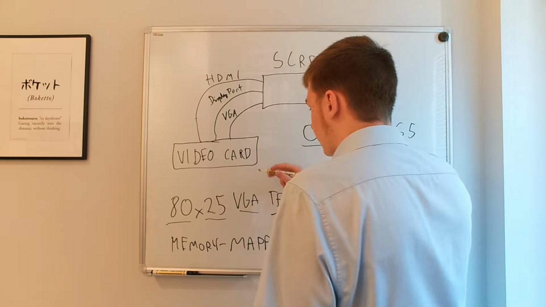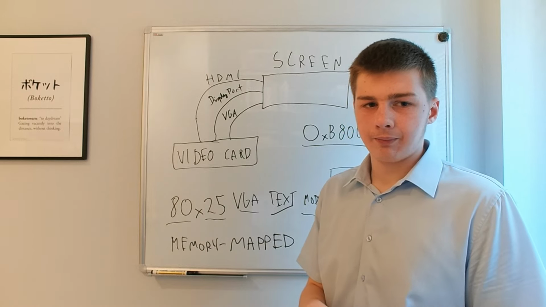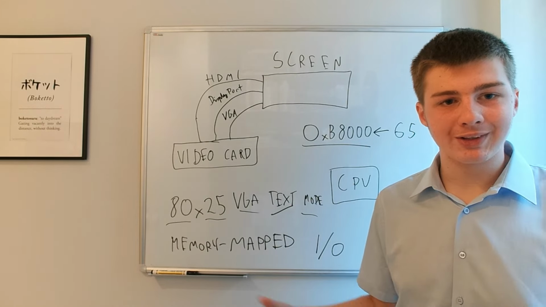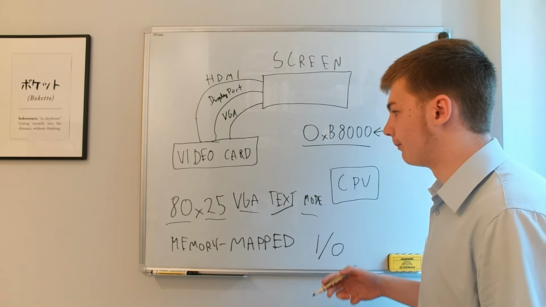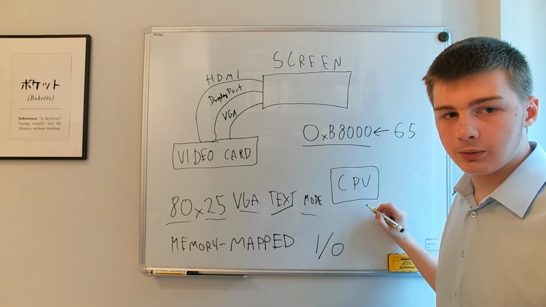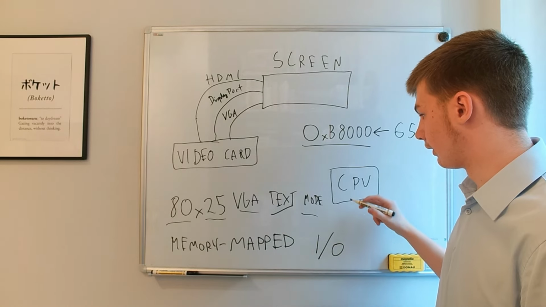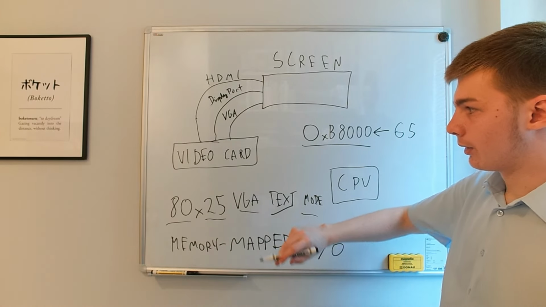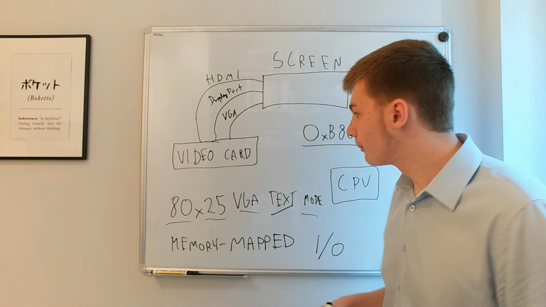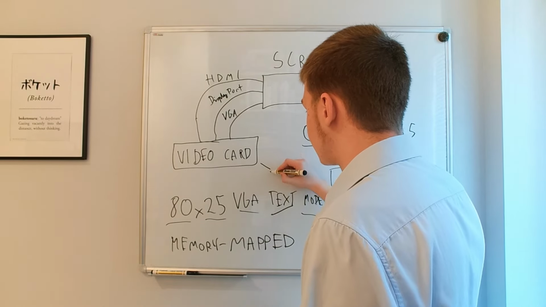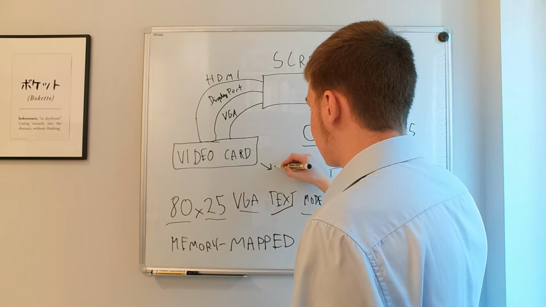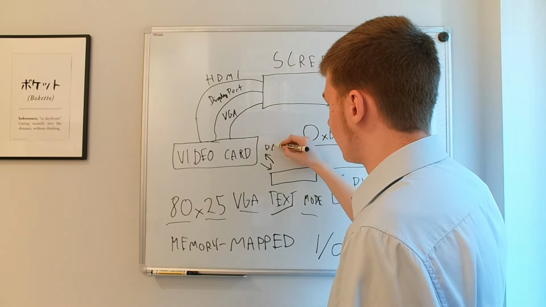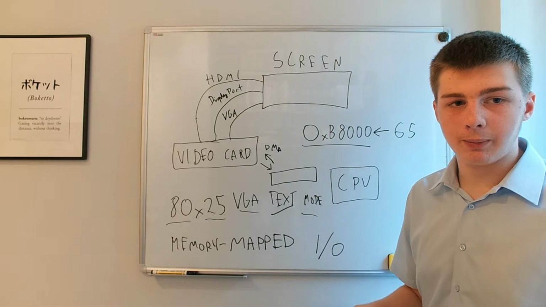So now, what the video card does depends on the exact technology, but it might communicate with the CPU, and the CPU might communicate with the memory. There's also this technology called DMA, which stands for direct memory access.